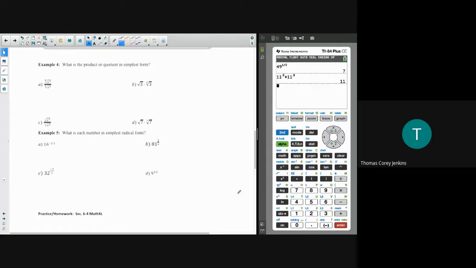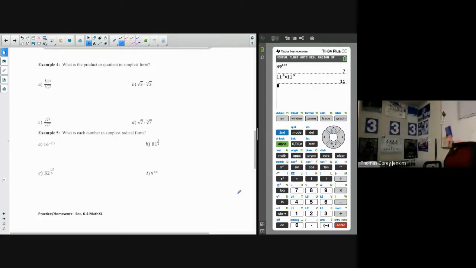Next one says, what is the product or quotient in simplest form? Okay, and again, sorry that this is kind of difficult to read, but this says the 4th root of x cubed over the 8th root of x squared. If these were like radicals, then we could just divide, okay? But if not, then we're gonna rewrite as fraction exponents, right?